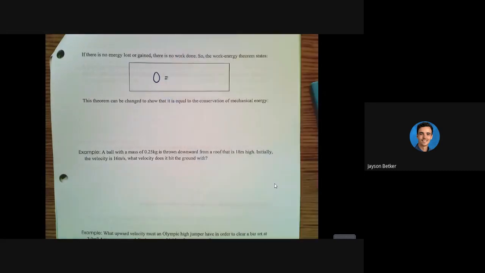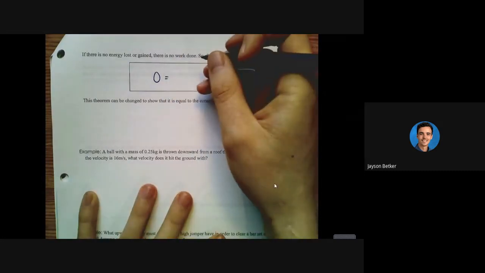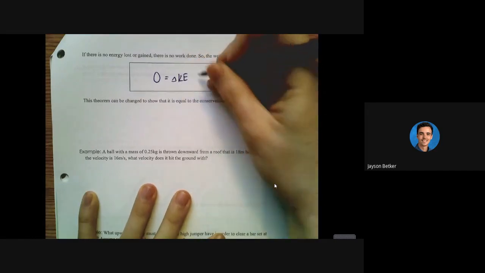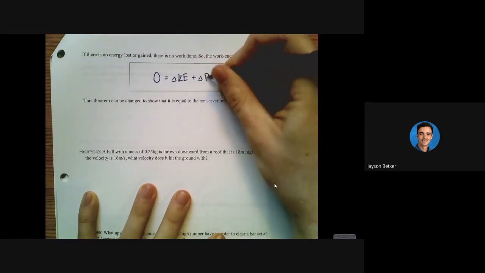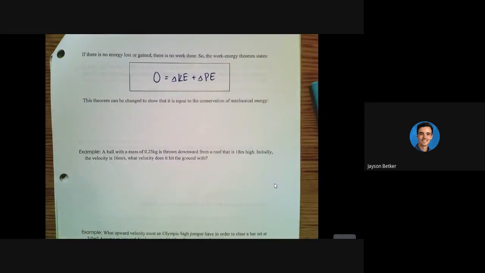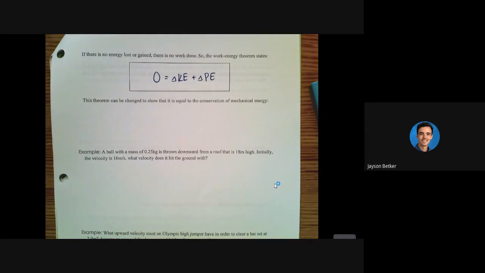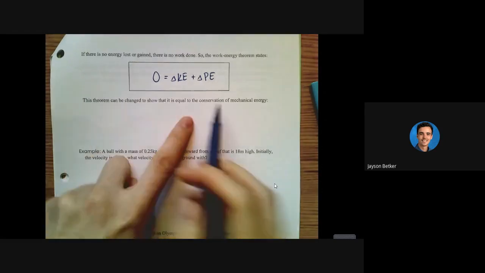So rewriting our formula then, 0 is equal to the change in kinetic energy plus the change in potential energy. All of a sudden, this is starting to look familiar as to what we were doing above, that if I rearrange this, I'm going to start to get something that looks really similar to what we had initially in the conservation of mechanical energy theory.